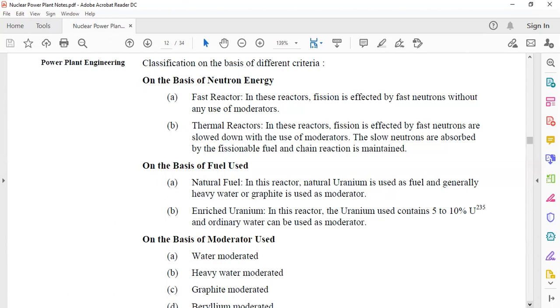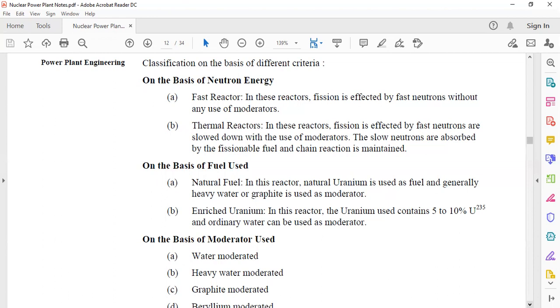In case of enriched uranium, the uranium used contains 5 to 10% of uranium-235 and ordinary water can be used as a moderator. So depending on the type of fuel, we have two types of nuclear reactors: one is natural fuel and the other is enriched uranium.